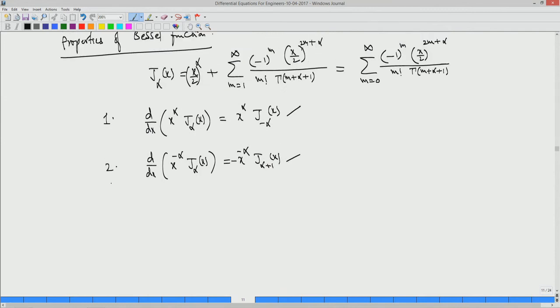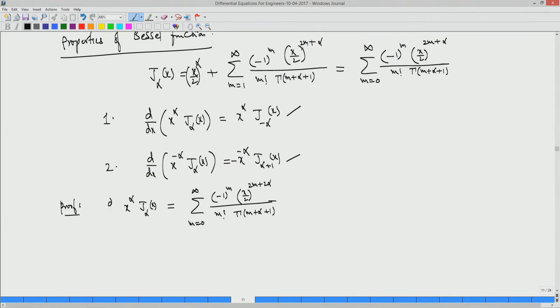First, we will prove these properties. Proof of the first one: you consider x power alpha J alpha of x. This will be equal to sigma m from 0 to infinity, minus 1 power m, x by 2 power 2m plus 2 alpha, divided by m factorial gamma of m plus alpha plus 1.